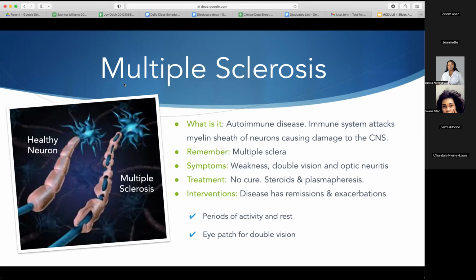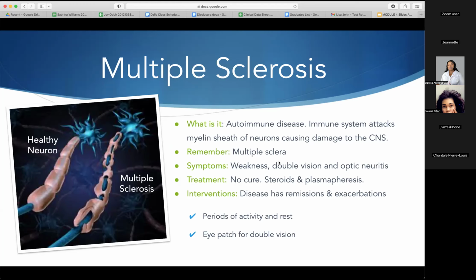So why am I saying that? When you see multiple sclerosis, I want you to think multiple sclera, because one of the major symptoms of multiple sclerosis is double vision. Also, it leads to weakness and something called optic neuritis, where their eye hurts.